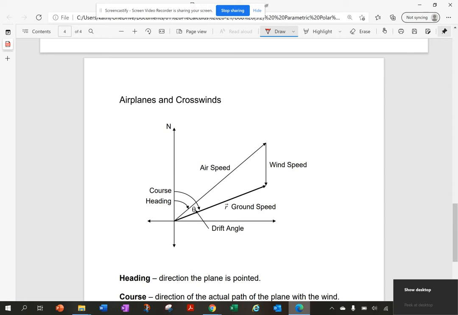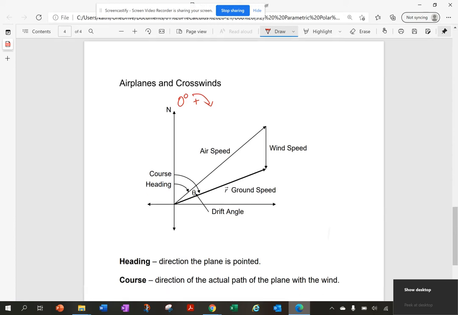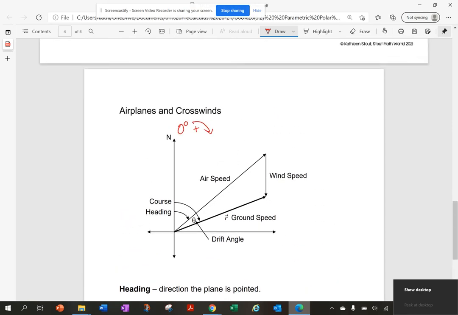So when we are talking about airplanes and crosswinds, we're using compass directions. So I measure from north, and positive direction is clockwise. What else? Got some more directions down here. I'll explain as we're going through the examples.